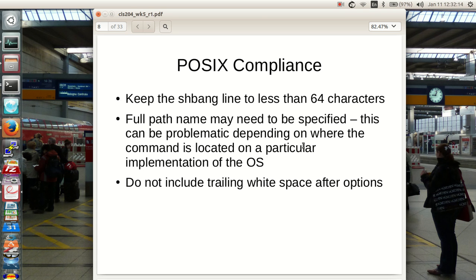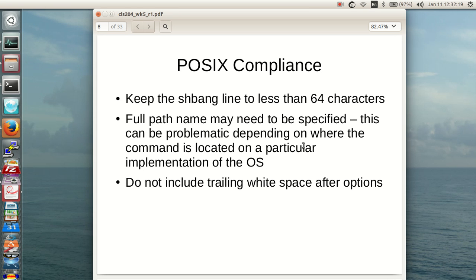Why it would do that, we don't know. But there are many different ways of putting shells into a system, and many different places to put them. The other thing you don't want to do is include white spaces after the options. Basically, you want the end of the line right after you've specified options for the shebang line. Keep that in mind when you're building shells.